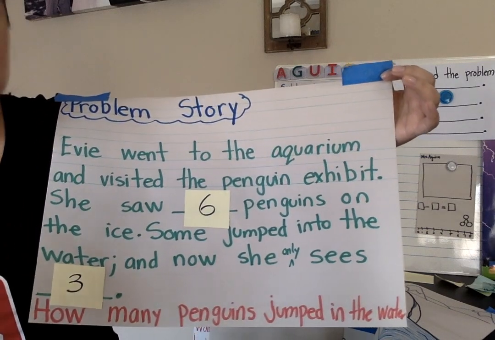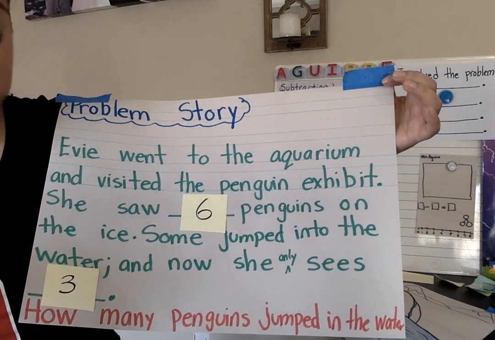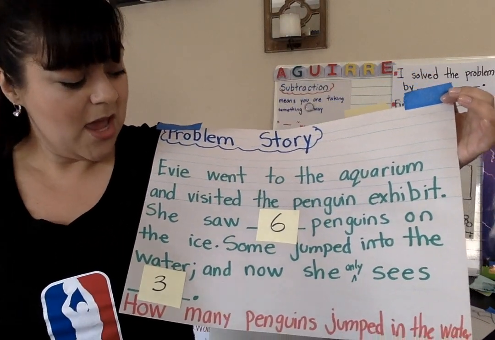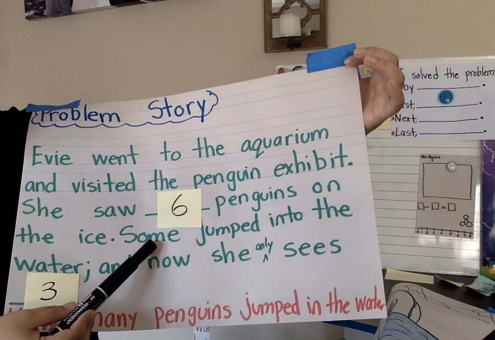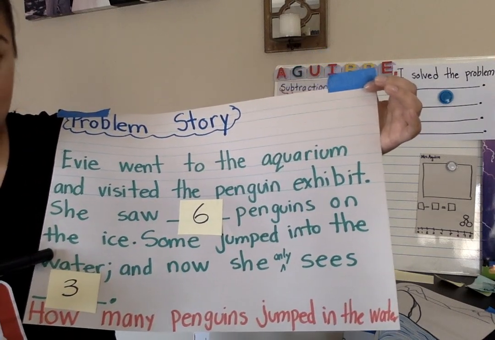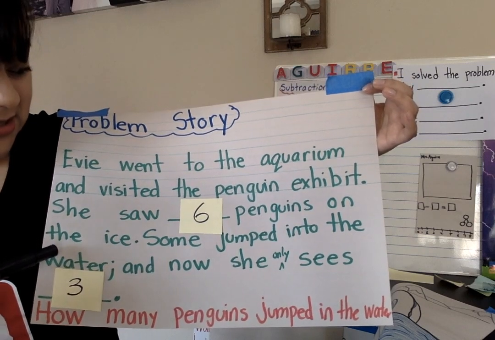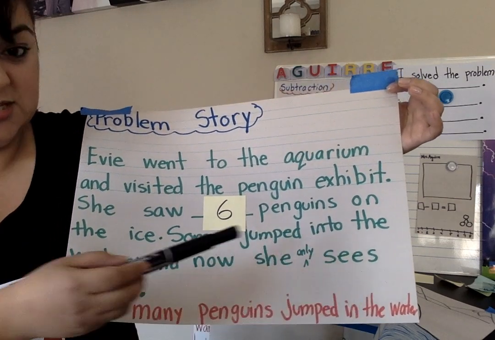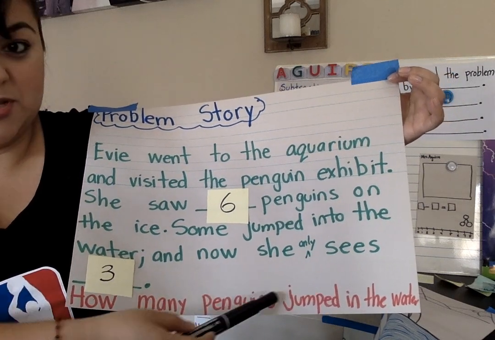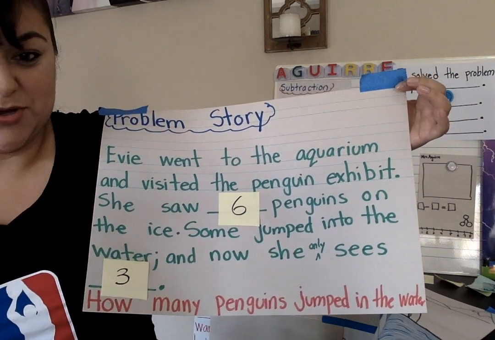Good, so she saw 6 penguins on the ice. And then what happened? Oh, some jumped into the water. And last, she only sees 3. So how many penguins jumped into the water?